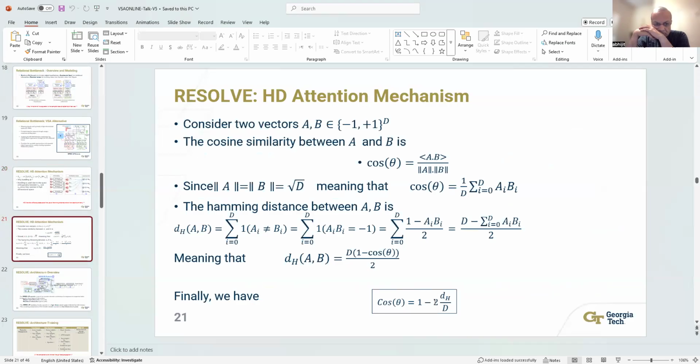As you can see here, the cosine similarity and the Hamming distance are correlated with this formula. We just need to compute the Hamming distance using XOR operation, which is hardware friendly, and from that, we will get the cosine similarity.